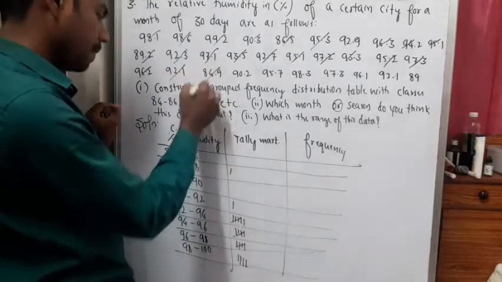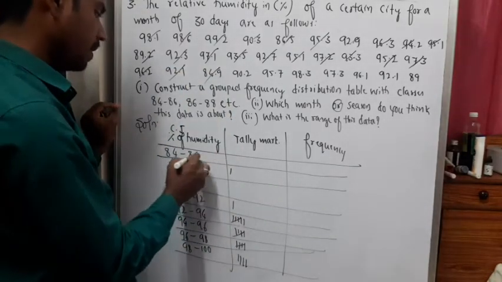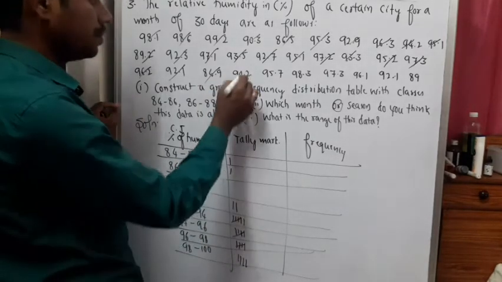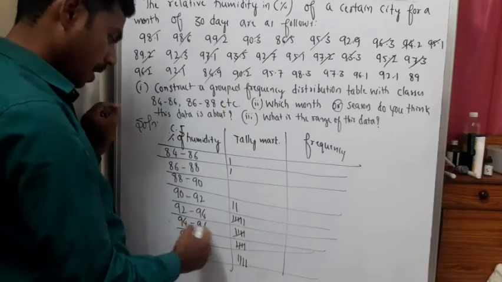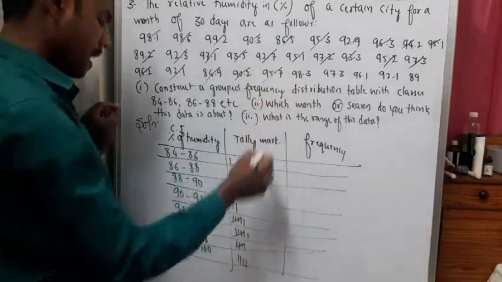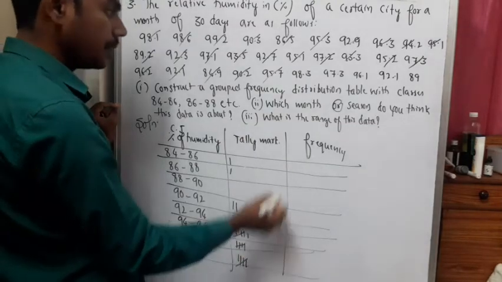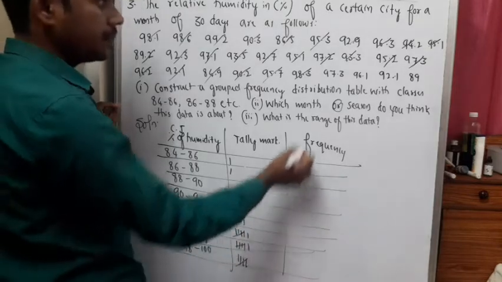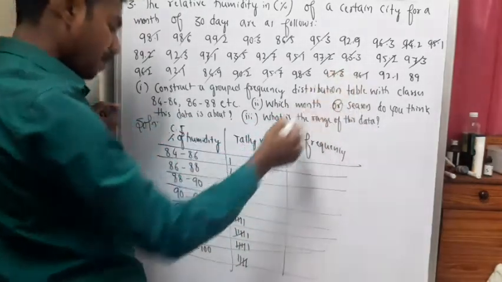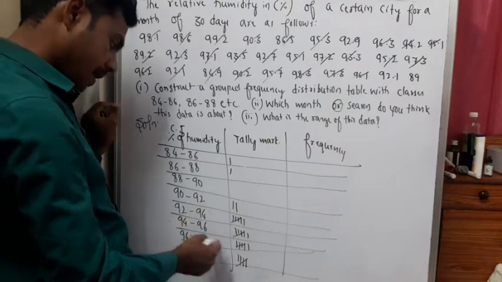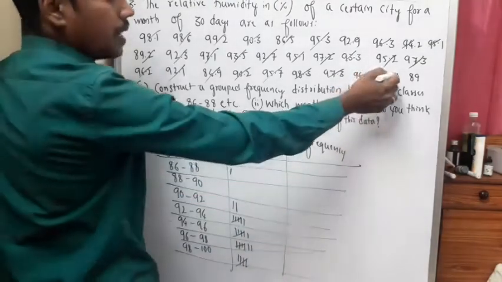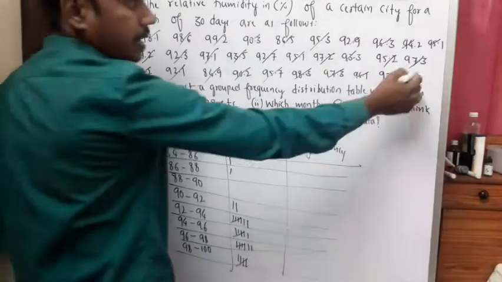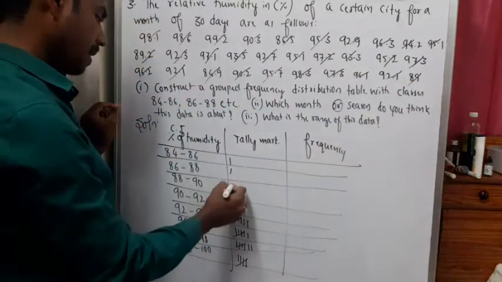Now 84.9. 84.9 it is between 84 and 86. 90.2 it is between 90 and 92. 95.7, 94 and 96 in between. 98.3 it is in between 98 and 100. 97.3 it is in between 96 and 98. 96.1 again it is between 96 and 98. 92.1 it is in between 92 and 94. 89 so it is in between 88 and 90.